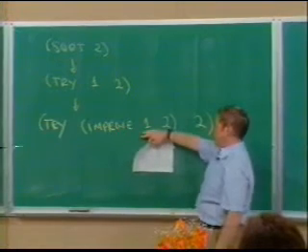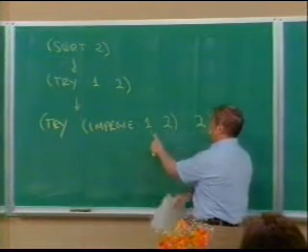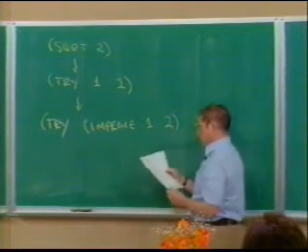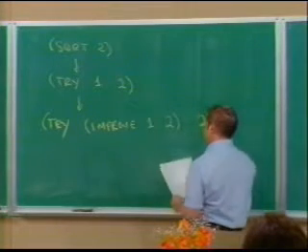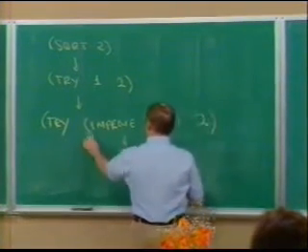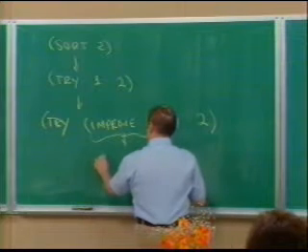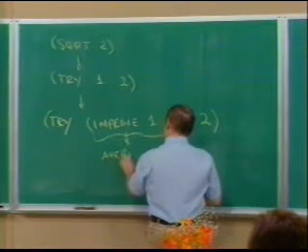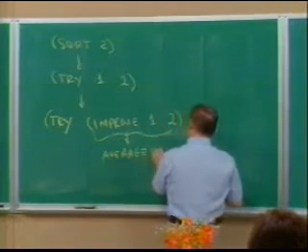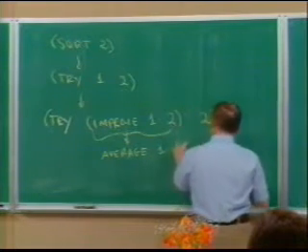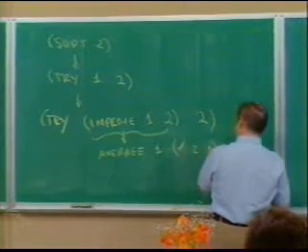Improving 1 as a guess for the square root of 2 means I average 1 and 2 divided by 1. So this piece here will be the average of 1 and the quotient of 2 by 1.